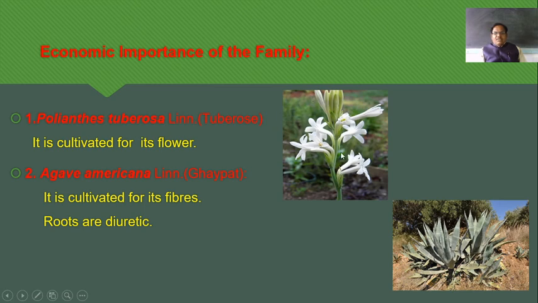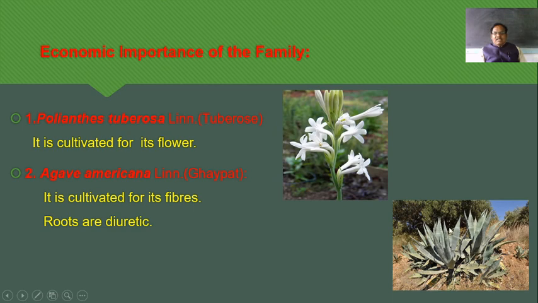So from this flower sometimes perfume is prepared. One more thing, these flowers are used for the preparation of garlands or veni. These flowers are used in bouquets or in flower pots.